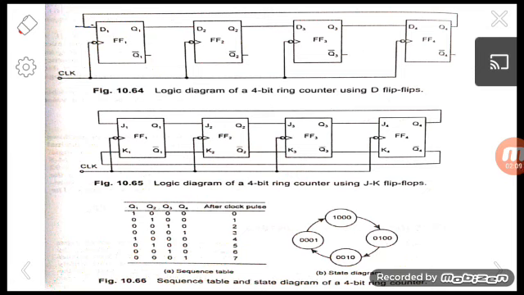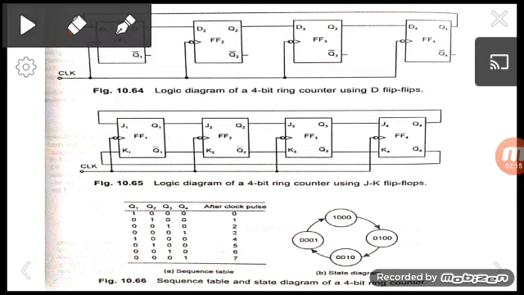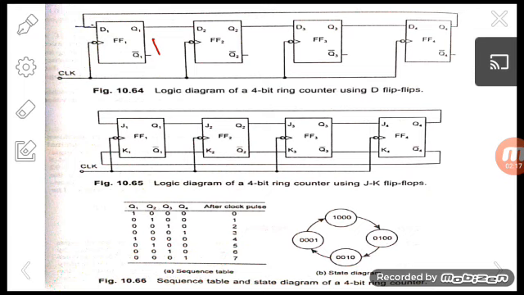Here is the corresponding sequence table. Suppose the initial output is 1 0 0 0. After the first clock pulse, what happens?